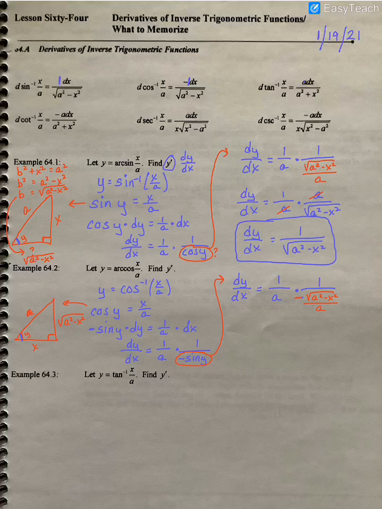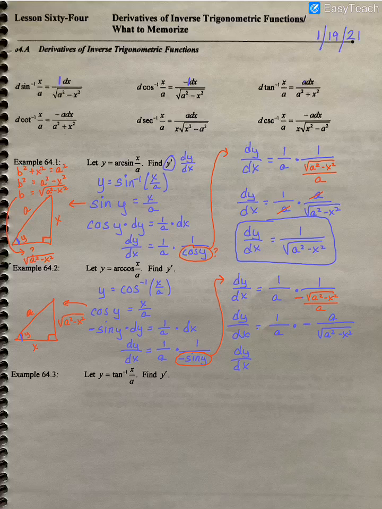Okay, from here it's a little bit of cleanup. dy dx equals 1 over a times the negative of 1 divided by that fraction, so flip the denominator up top, and it's a over the square root of a squared minus x squared.